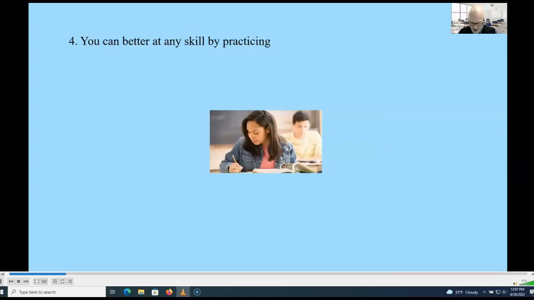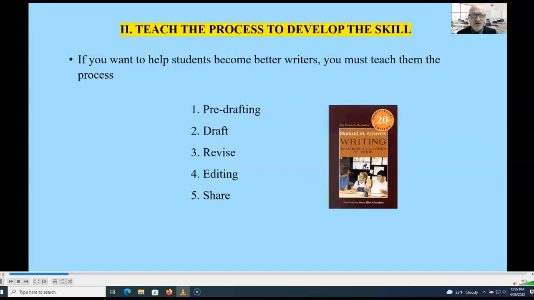Every day they're going to do that. Just like learning to play the piano, you need to practice every day. Learning to play soccer, you need to practice to get better at it. Learning to wrestle, you need to practice every day if you want to get better at writing. So you teach the process, the how to develop the skill, the what.